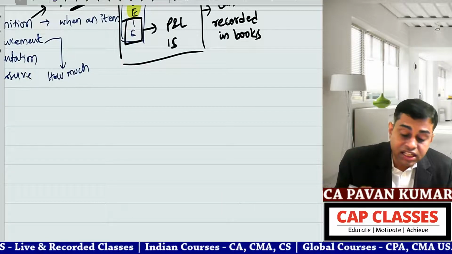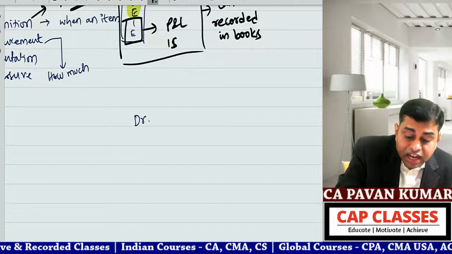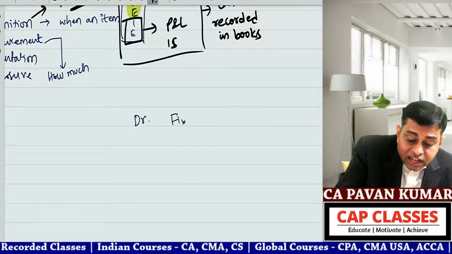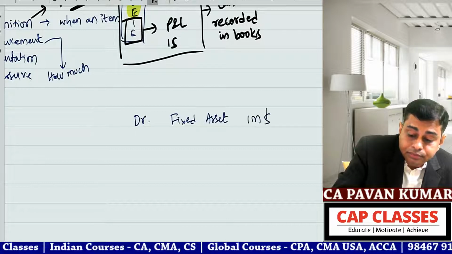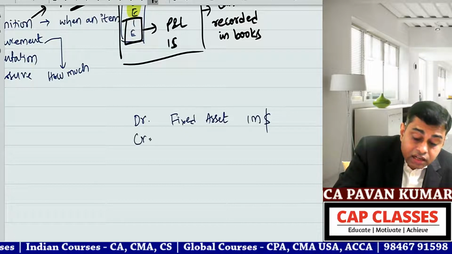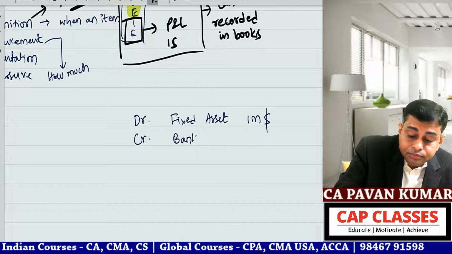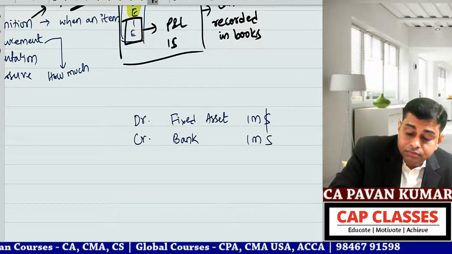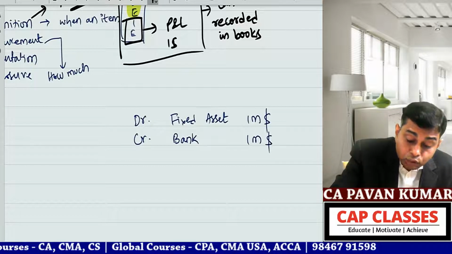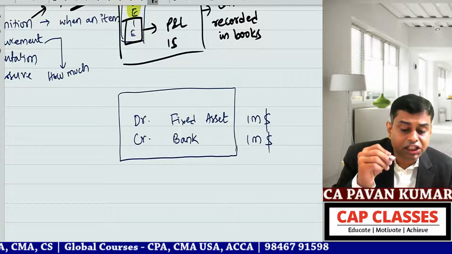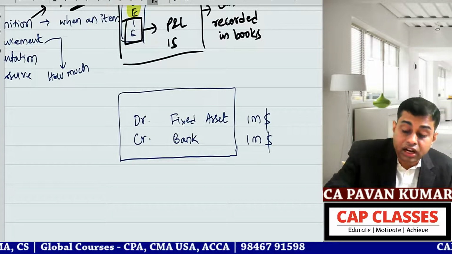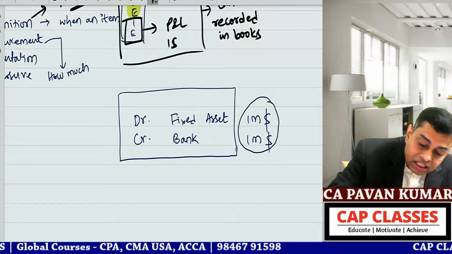When you purchase a fixed asset, you know that the accounting is debit fixed asset account $1 million, credit bank $1 million. Now, passing this journal entry is called recognition. The timing of passing this journal entry is called recognition. This is called measurement.